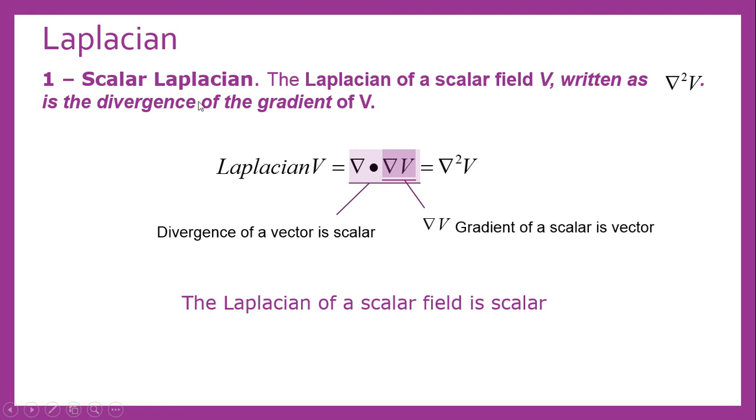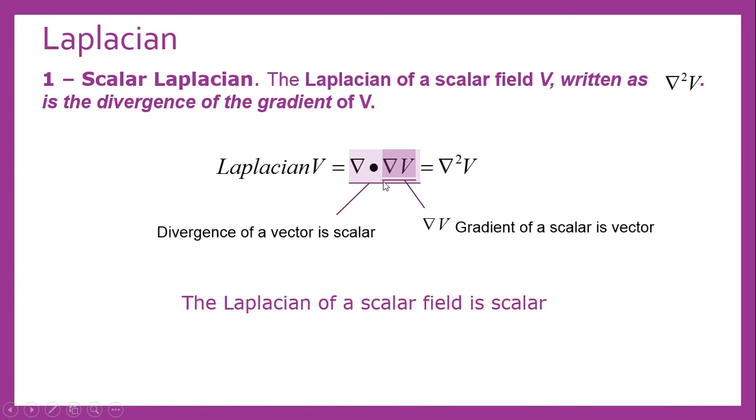Let us see the scalar Laplacian. The Laplacian of the scalar field V can be written as del square V, which is del dot del V, the divergence of gradient V. The gradient of a scalar is a vector, since it is a gradient operator.